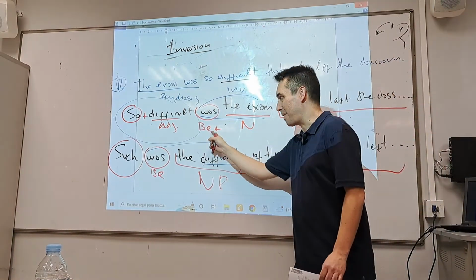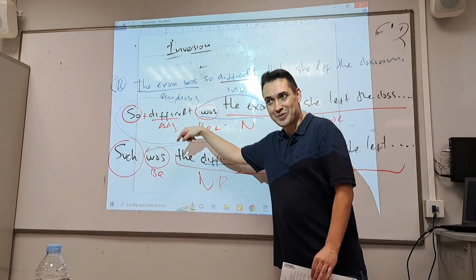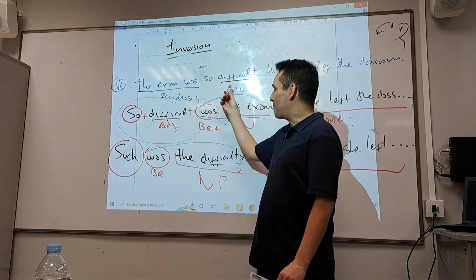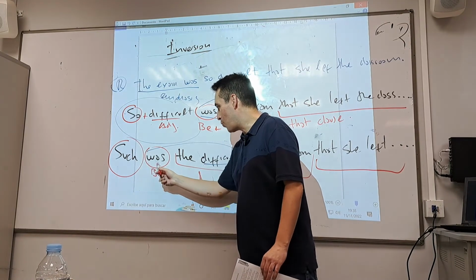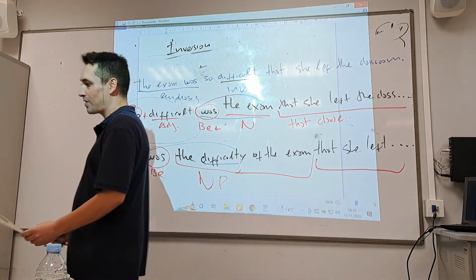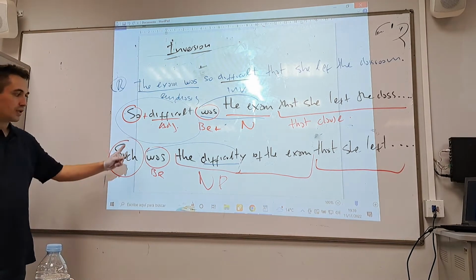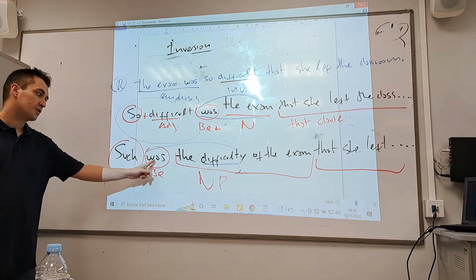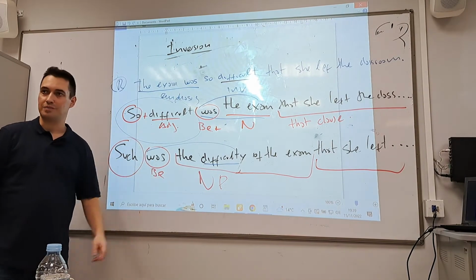However, this is like mathematics. I don't like it, but it's the way it is. The best thing to remember: so plus adjective and make the inversion; such, was, and noun, and then make the inversion. With so plus adjective, with such, verb to be, and noun.